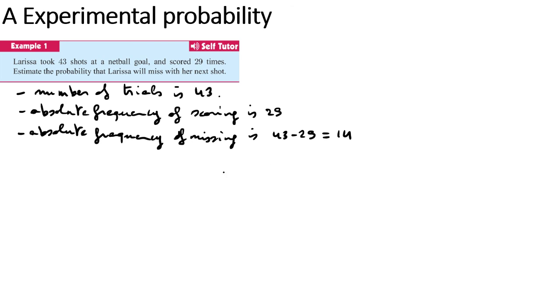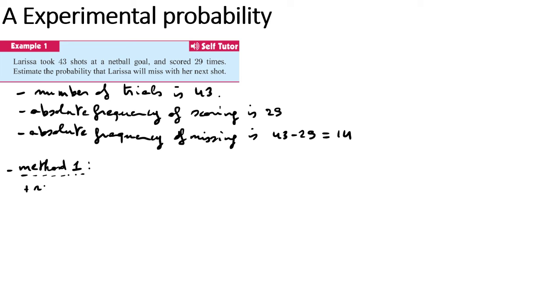We can continue with two different methods. Let's say the first method. In this case, we can find the relative frequency of missing.